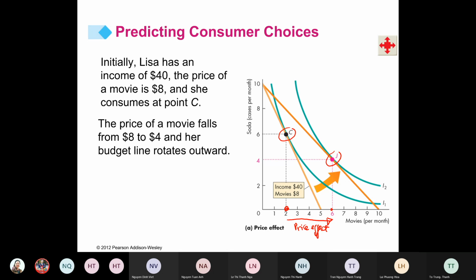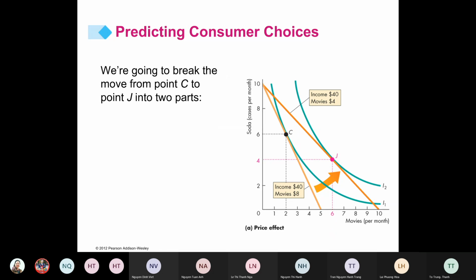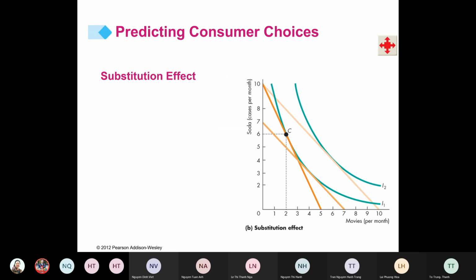What we do next is to separate this price effect into the substitution effect and the income effect. So first, what is the substitution effect?